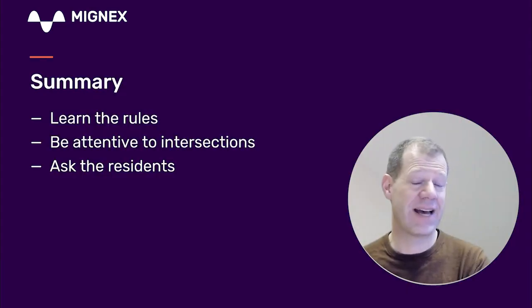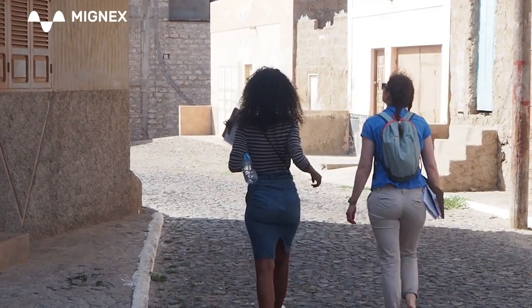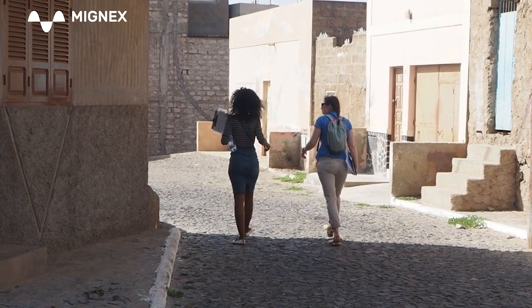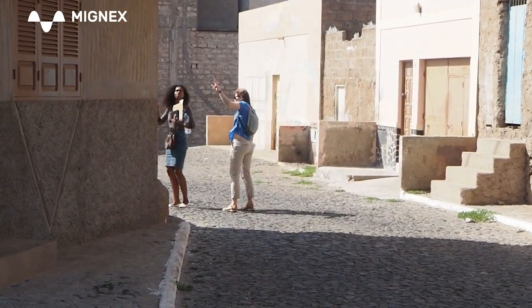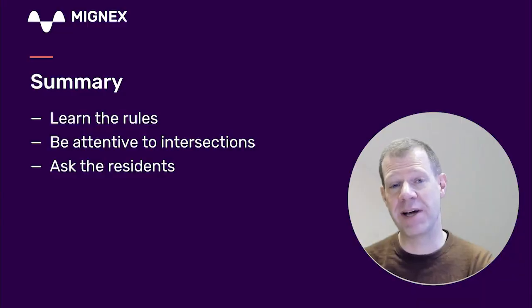So now we've been through how to do a random walk. As you've seen, there are many specific rules that you have to learn and follow for how to start, what to do at intersections, what to do at the cluster boundary, how to count households in buildings with multiple households, and so on. So you have to learn the rules and keep them in mind as you do the random walk.